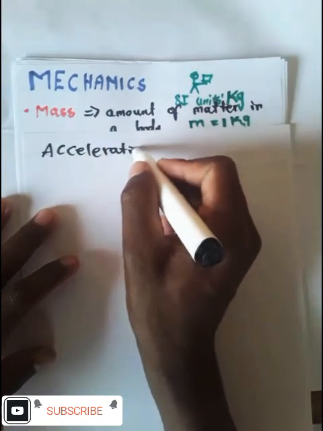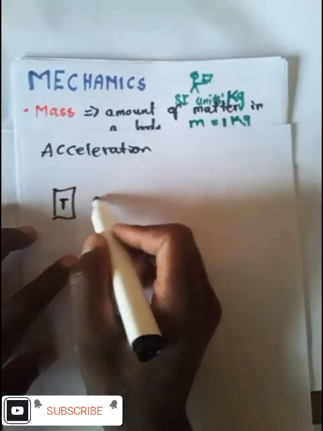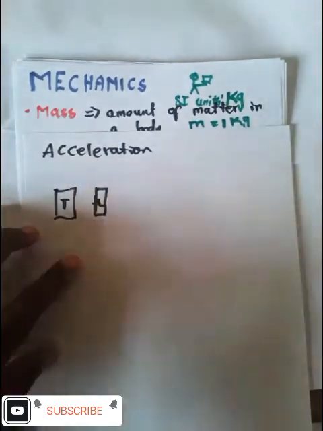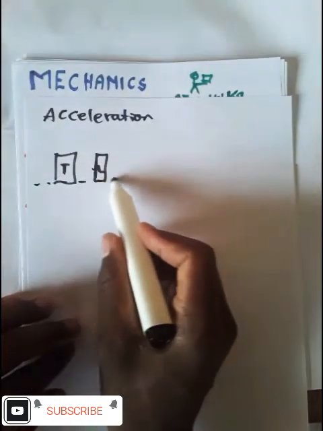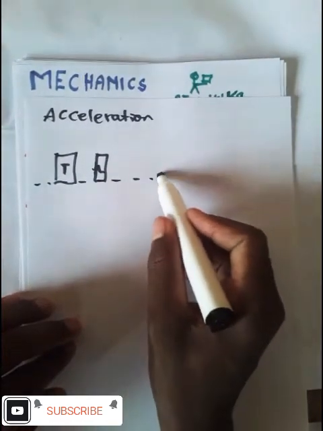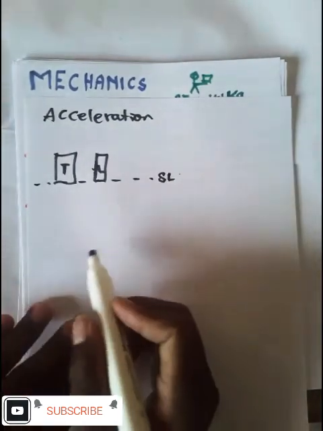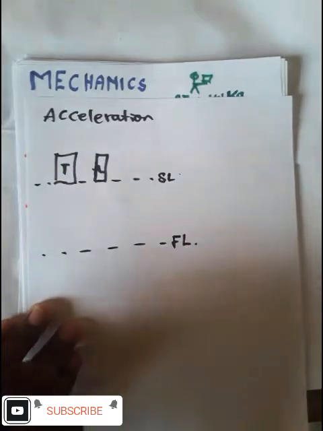Let's say you have two cars here. Here you have a truck, and here you have a Lamborghini. I'll just write L for Lambo. Here you have a start line, about to race. This is the start line, and this is the finish line.